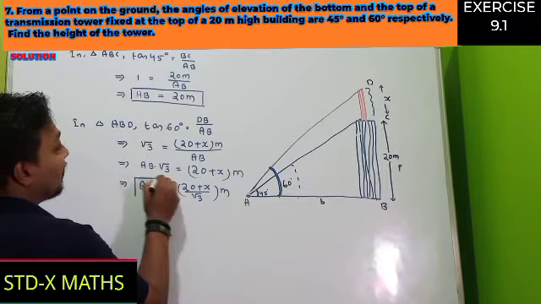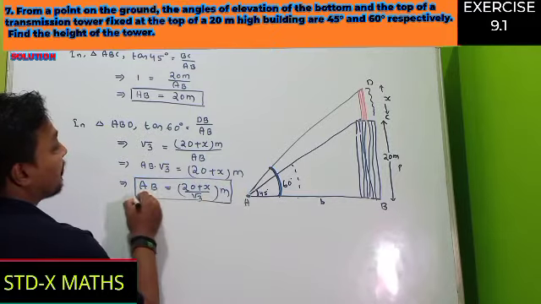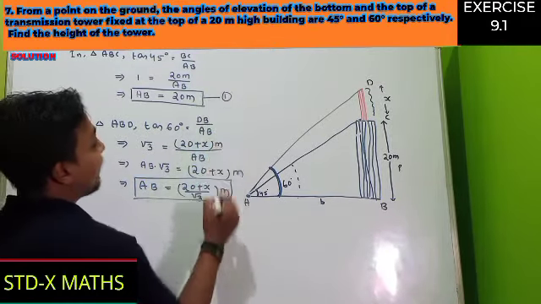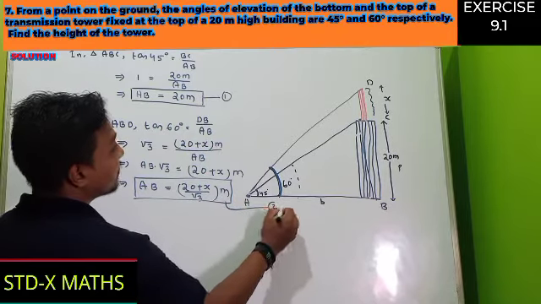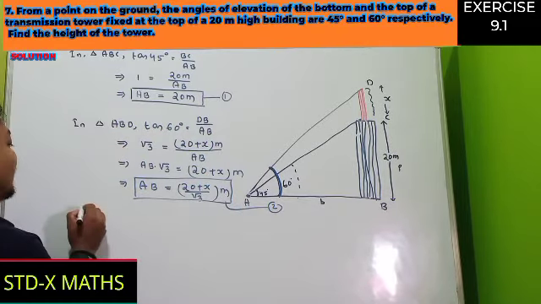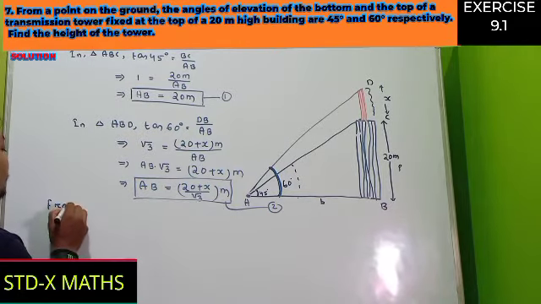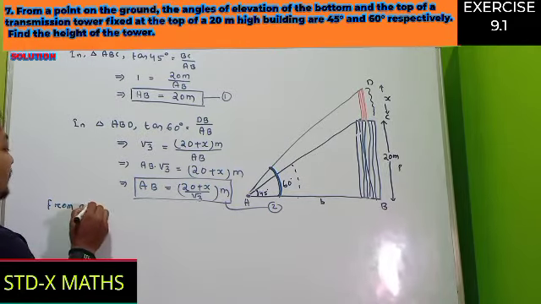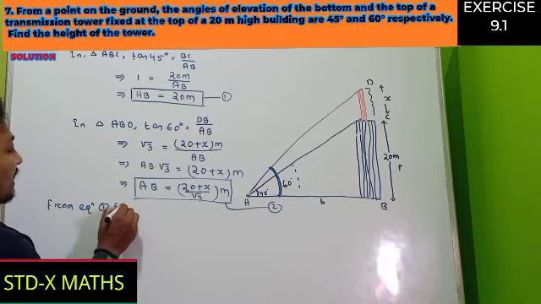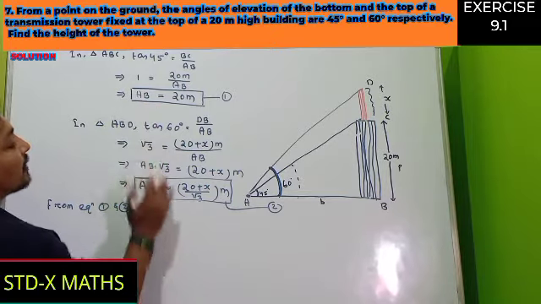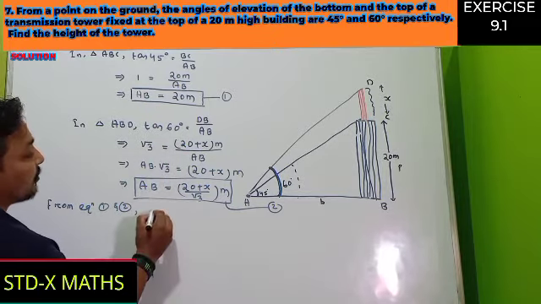So here I got one AB, and there we got another AB. Make this equation 1 and this equation 2. From equations 1 and 2, as the left sides are the same, the right sides will be the same.